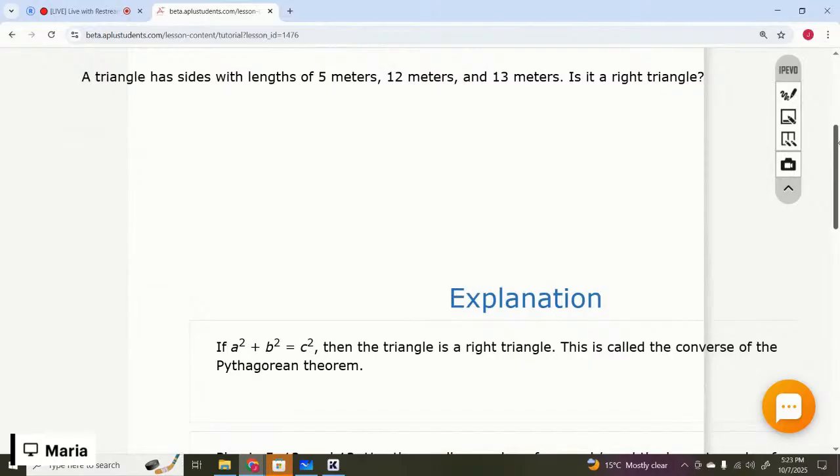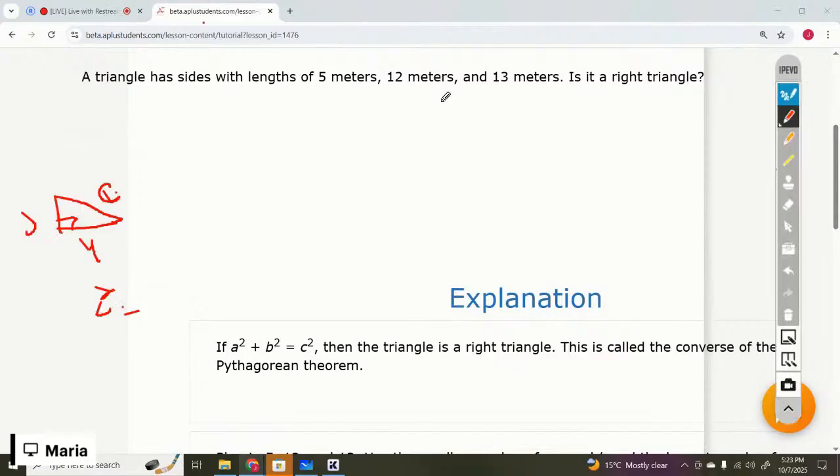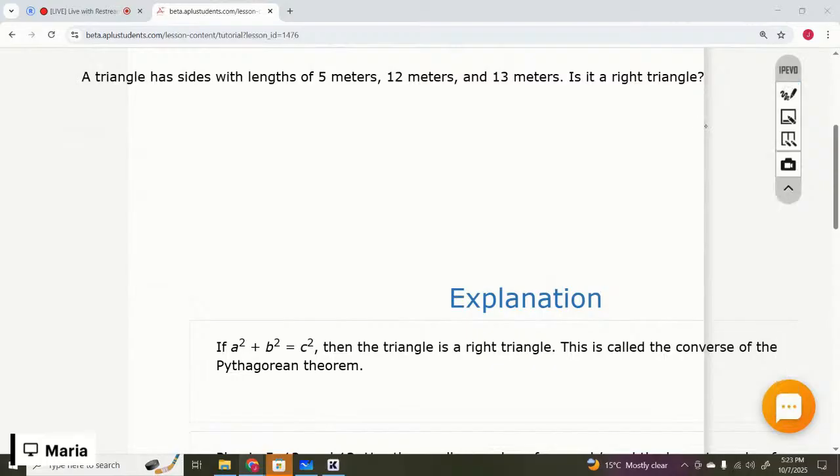This is called the converse of the Pythagorean theorem. The longest length is always c. So 13 is the c. Just see if a square plus b square equals c square, with 5, 12, and 13.